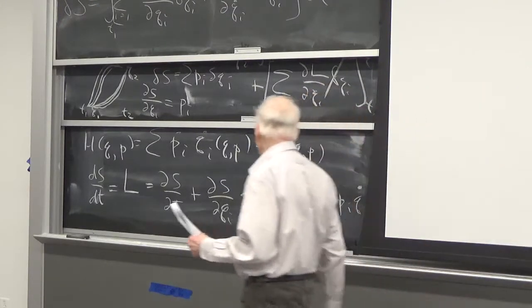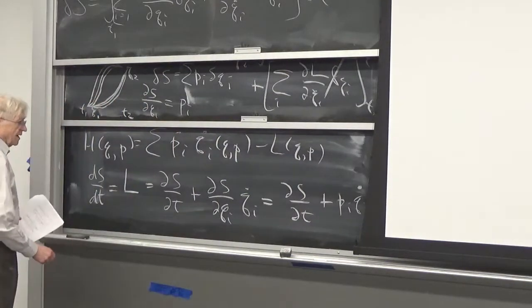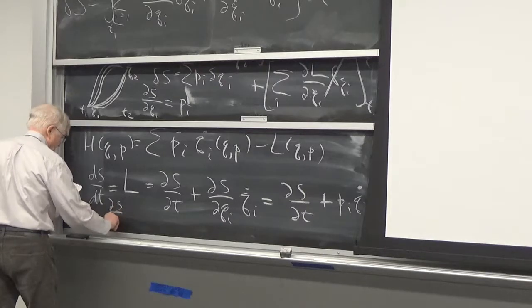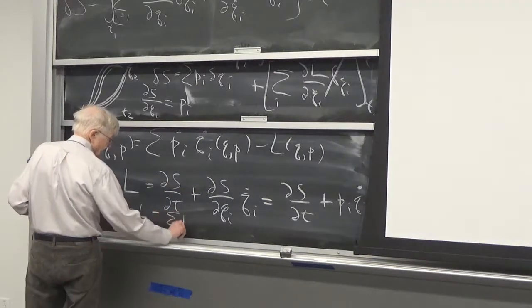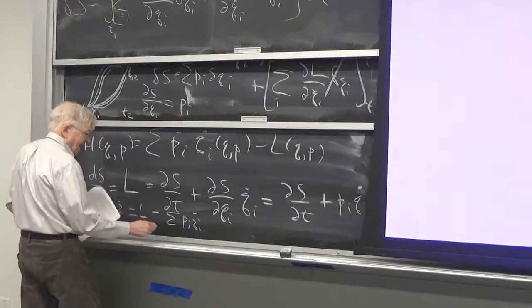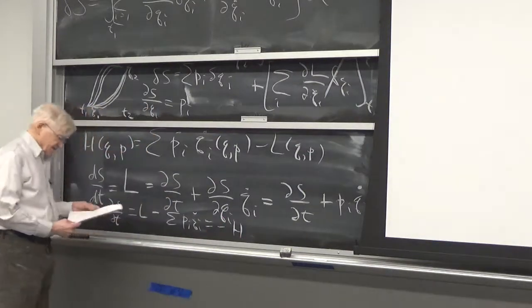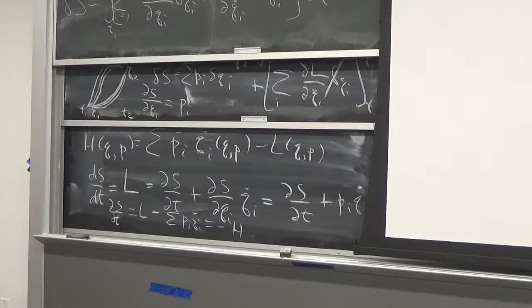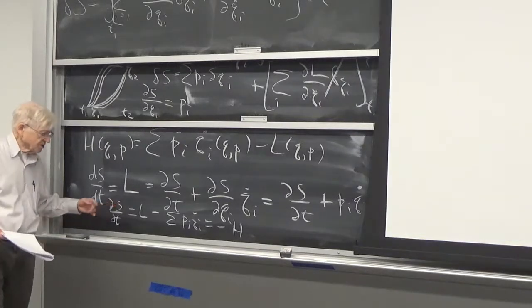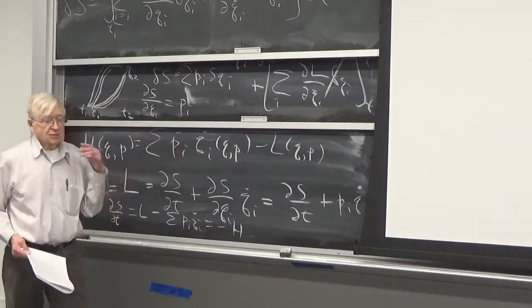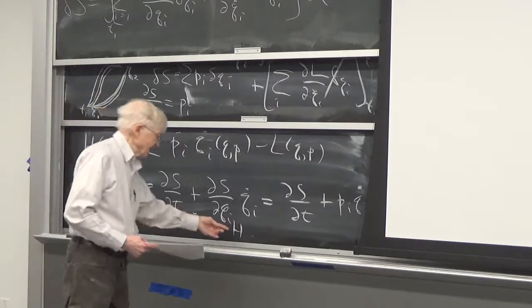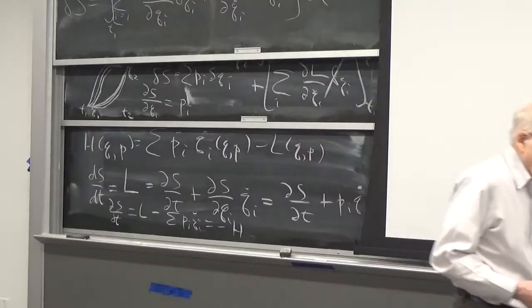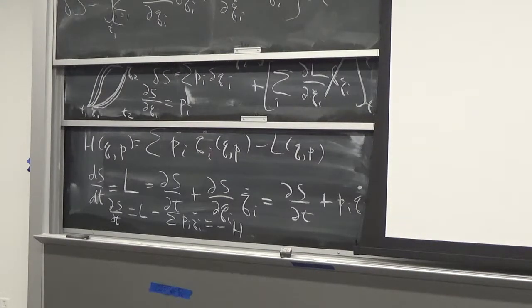So what we find from this then is that the partial of S partial t is L minus a sum pi qi dot, but that is just minus H. So what this tells us is that the time derivative of the action is minus the Hamiltonian, and the understanding there is that we just let the process continue a little bit in time at t2, and the change then in the action will be minus H at t2 times dt.